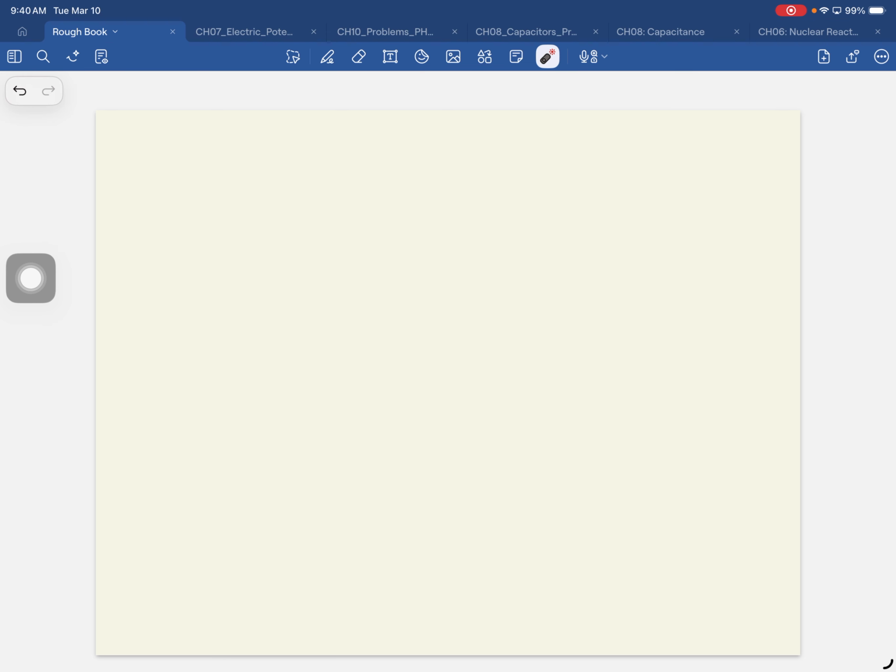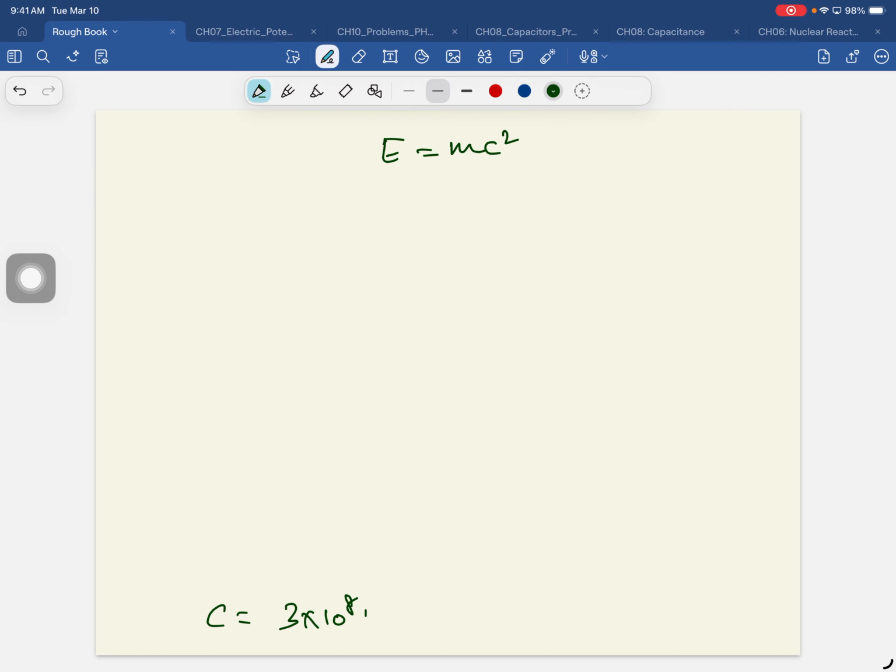All right, so here's the deal. Everybody knows this equation, E equals mc squared. This equation tells you the energy equivalence of mass. c is the speed of light, which is 3 times 10 to the power 8 meters per second, or 3 times 10 to the power 5 kilometers per second.